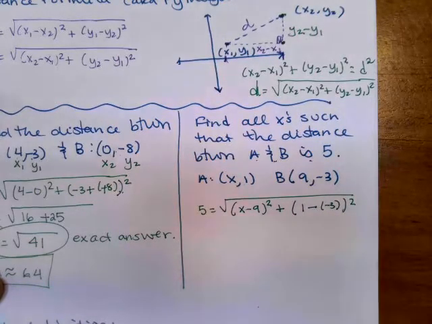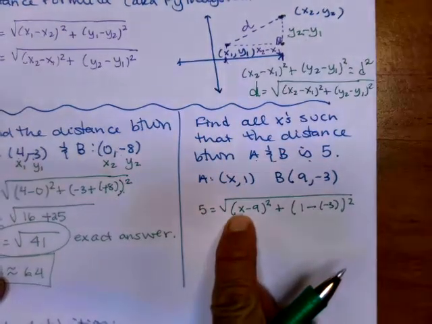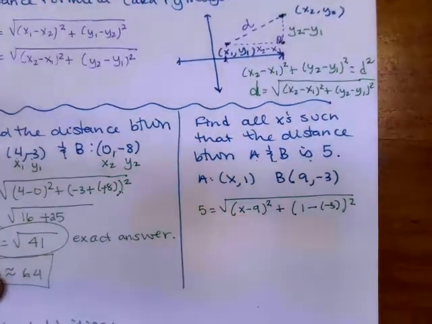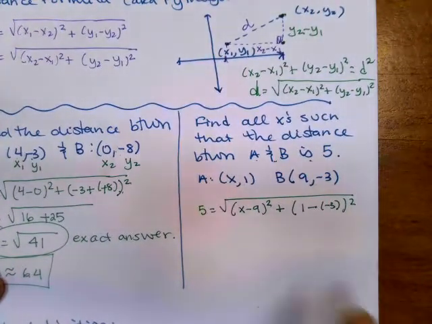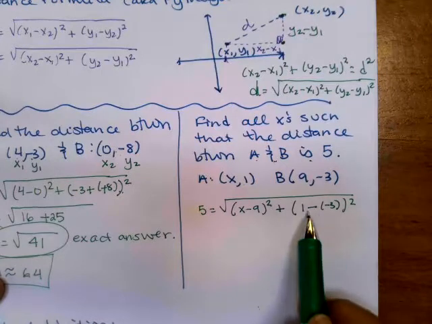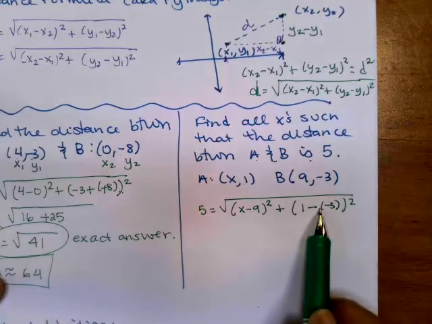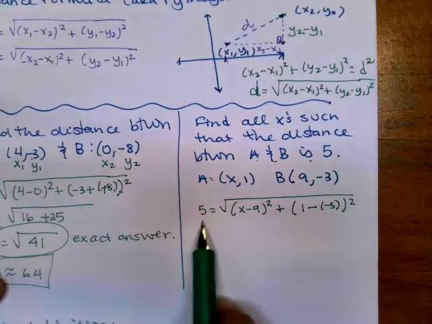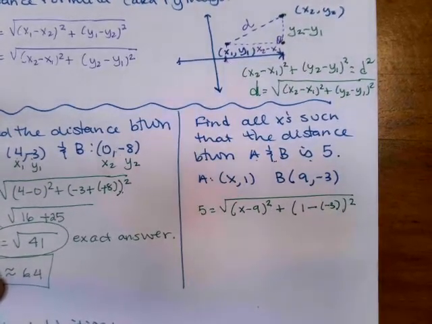Okay. So now here's the unknown, right? Here's my x inside. So I want to get rid of the square root. In one step, I'm going to go ahead and tidy up the second set of parentheses, and I'm going to get rid of the square root by squaring both sides.